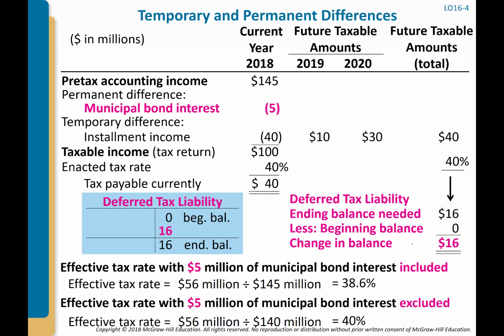So our effective tax rate is a little bit lower. The total tax expense is 56. It's the deferred plus the current, right? Divided by our pre-tax income.